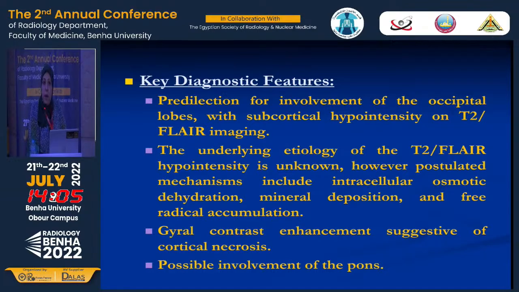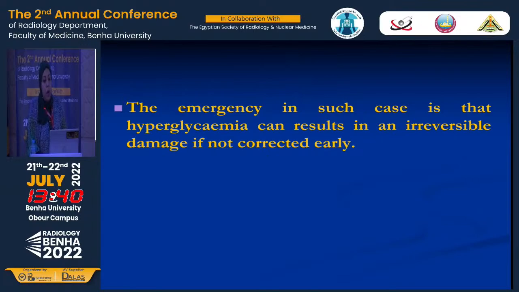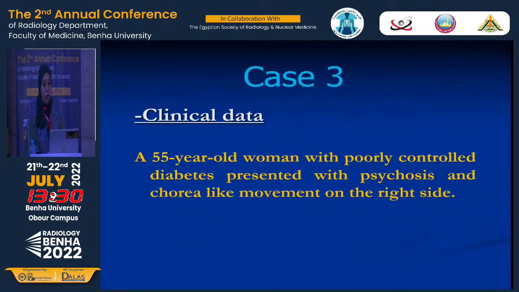The gyral enhancement supports cortical necrosis and the condition will be irreversible, but you can preserve the parenchyma by early and rapid diagnosis. We do not need a differential diagnostic list because we have clinical and radiological clues. You also have to analyze the image carefully on T2 and FLAIR to prevent irreversible damage or neuronal loss.